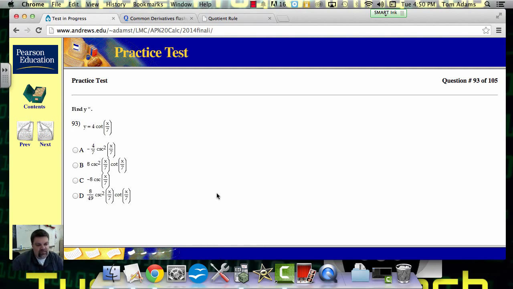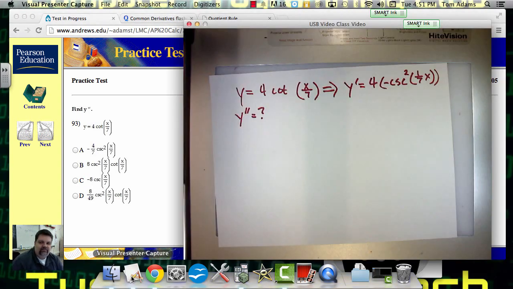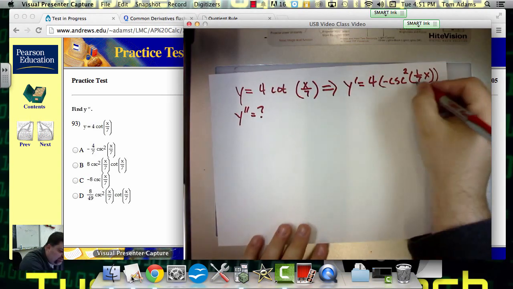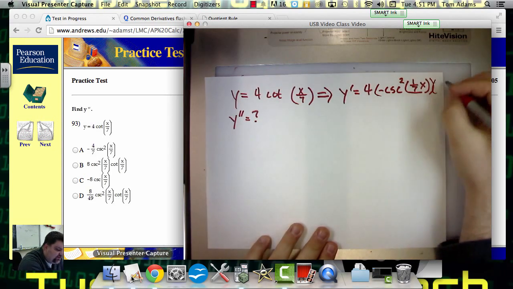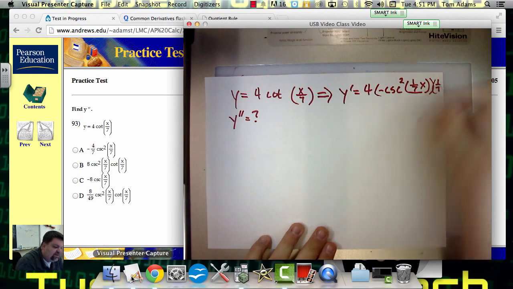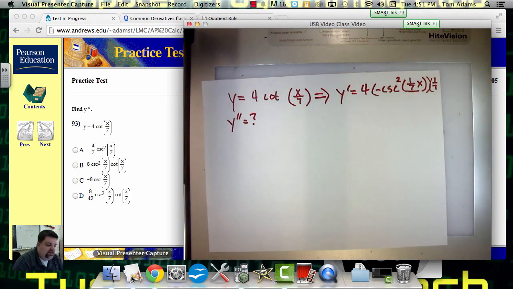But if you notice, I don't have a negative 4 cosecant squared, right? The reason for that is because this is a chain rule. I have to take the derivative of the stuff on the inside, and the derivative of the stuff on the inside is going to be 1 over 7.